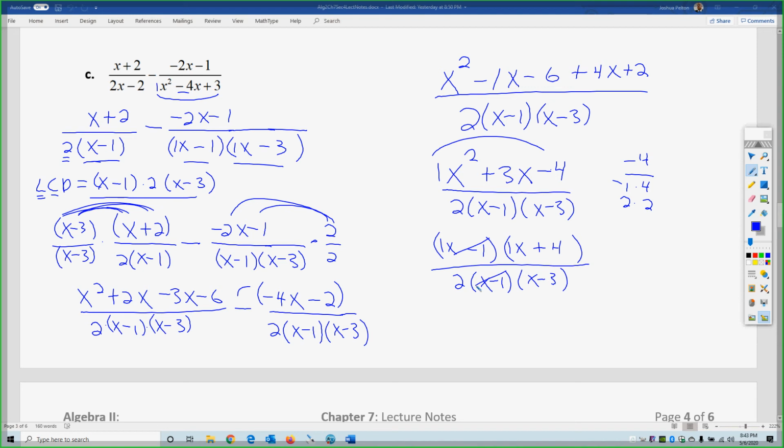So those will cancel. Leave us the final expression of x plus 4 over 2 times x minus 3, where x cannot equal, so let's think here, that's going to be the 1 and the 3, even though one of them canceled out. It's in the original problem. Okay, one's a hole and one's an asymptote. We'll talk about that later on.